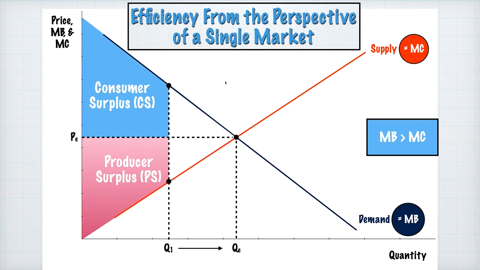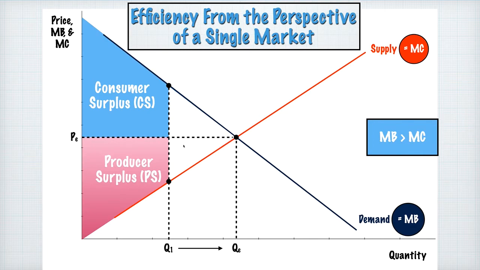If we were at the equilibrium, the total surplus would be this large triangle here, going from the origin to the equilibrium and then following up the demand curve. But because production is below the equilibrium level, we have a lower level of total surplus, and it's measured by the two triangles right here.